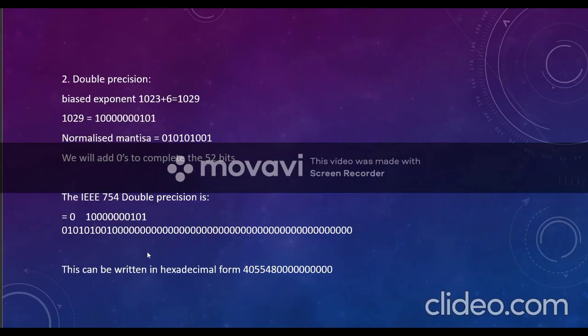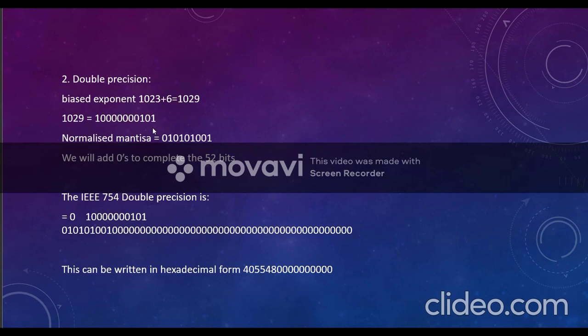Now we will convert it into double precision format. Here the biased exponent for double precision will be 1023 plus 6, which is equal to 1029. Here 1023 is the bias for 64 bit. So 1029 represented in binary form is 10000000101.